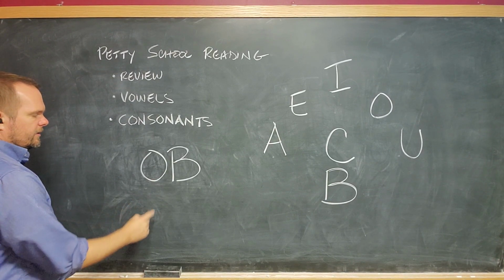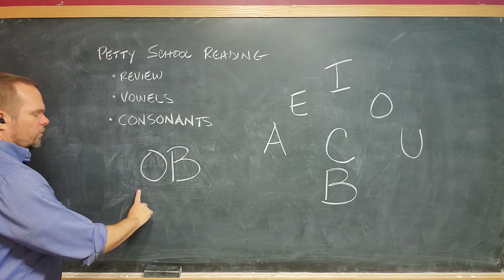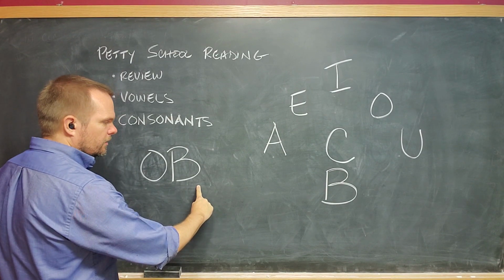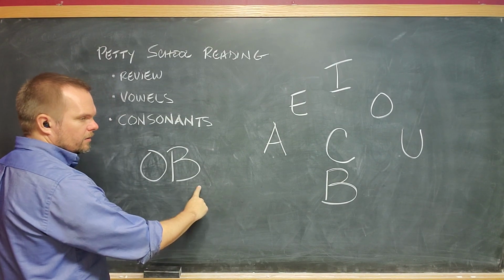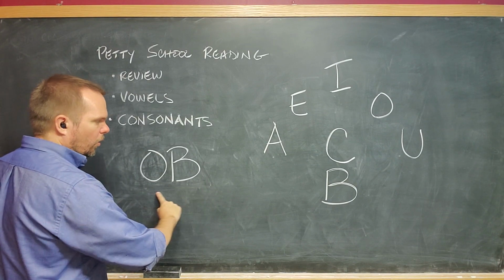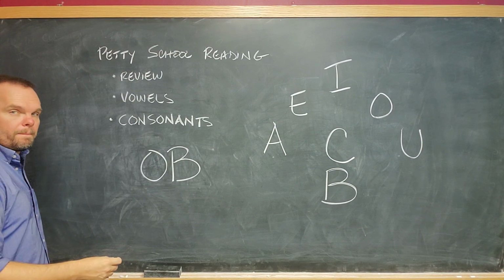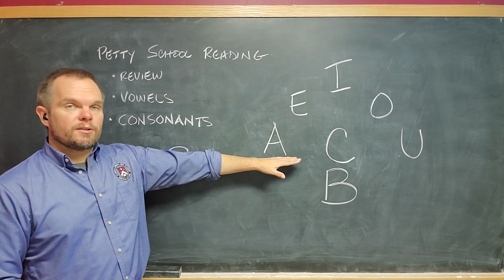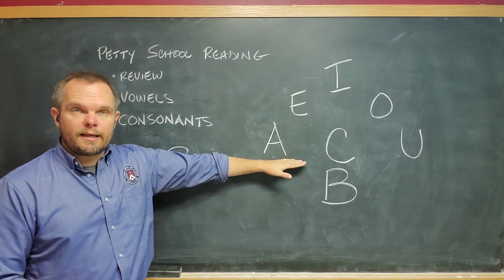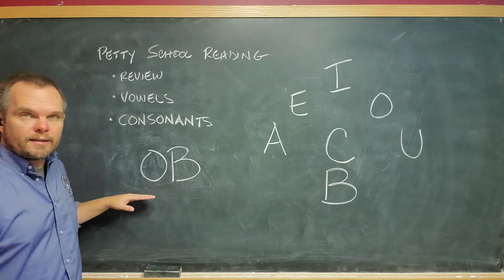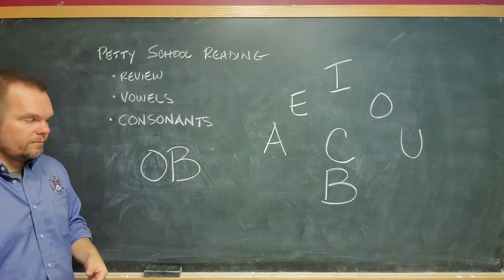We start with O and end with B. O, B. This is the syllable ob. I hope that you got that one right. If you didn't, it's just because you're not learning the sounds for each letter and then simply saying the sounds together as they're written.